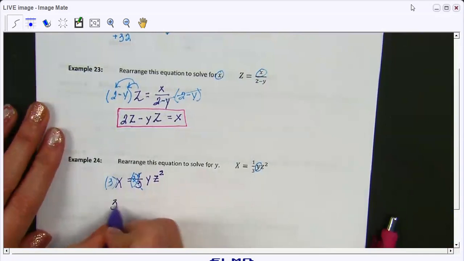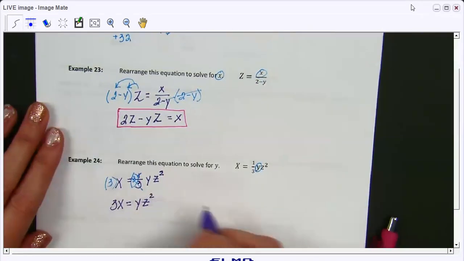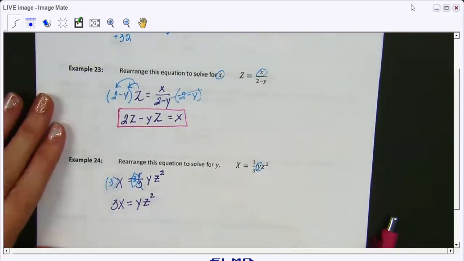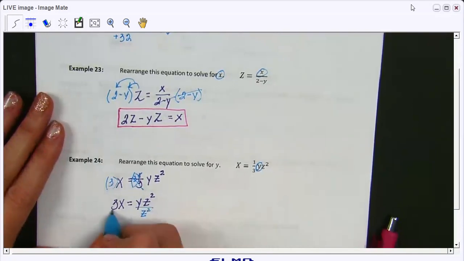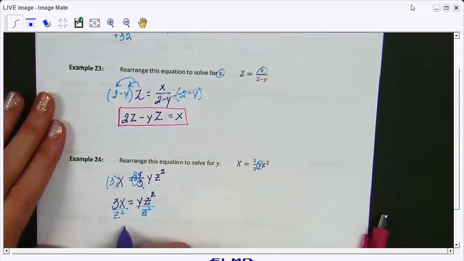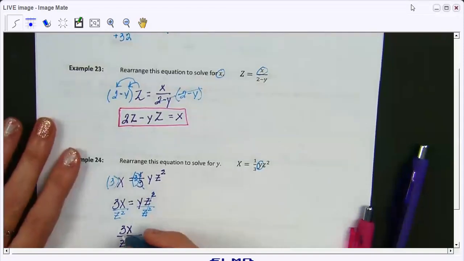So I have 3x equals y times z squared. We still need to isolate the y, so I'm going to get rid of z squared. Because these are being multiplied together, I'm going to divide by z squared. So my final answer is 3x over z squared equals y. And that 2 looks like a z, so I'm going to fix that.